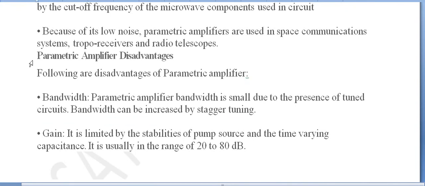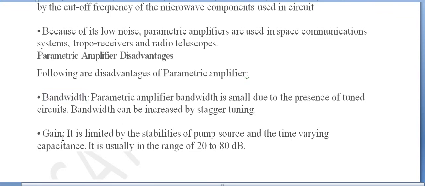Now here are some of the disadvantages of the parametric amplifier. First disadvantage is bandwidth. The parametric amplifier bandwidth is small due to the presence of tuned circuits, and bandwidth can be increased by stagger tuning.